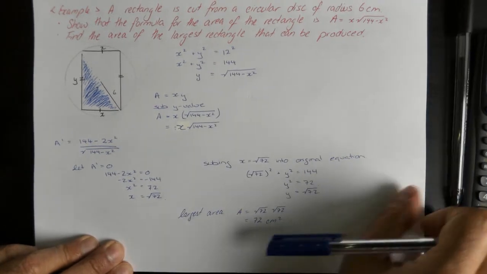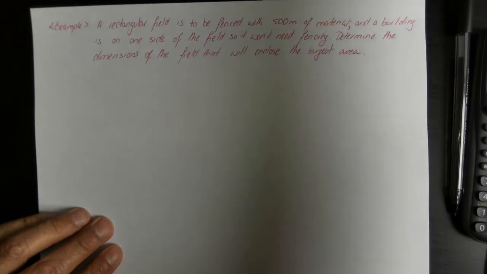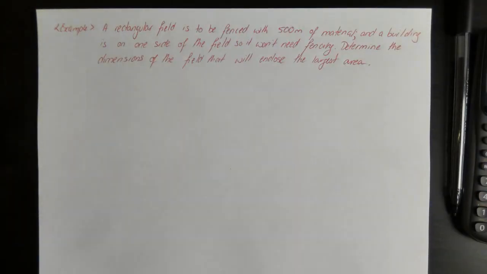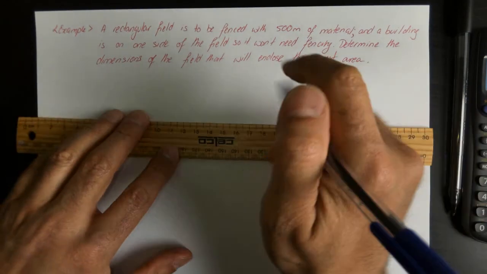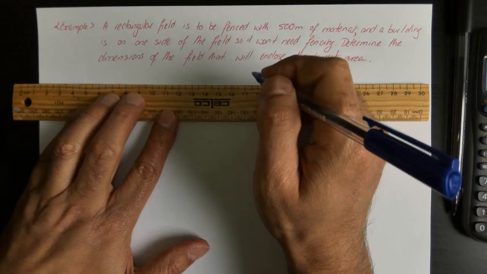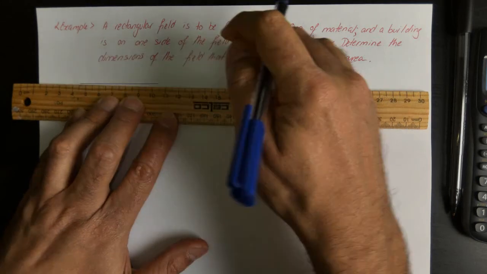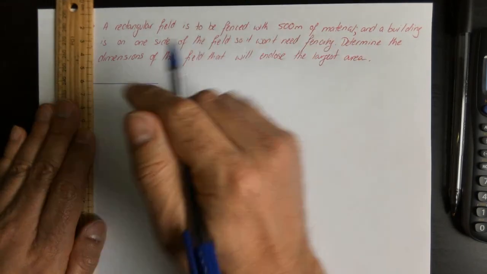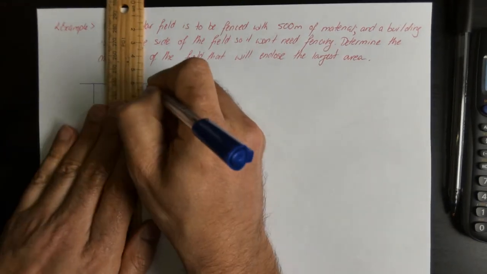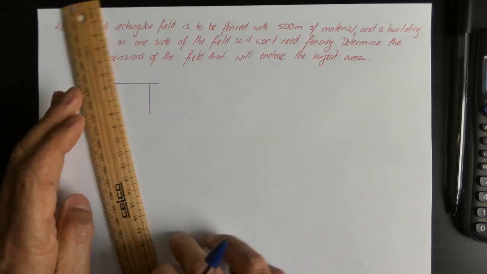Okay. One more example. We have a rectangular field. It's to be fenced with 500 meters of material, and a building is on one side of the field. So that building won't be required to be fenced. So I'm going to draw a diagram first.